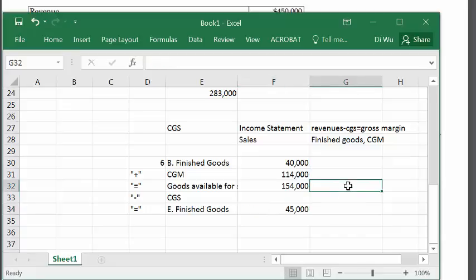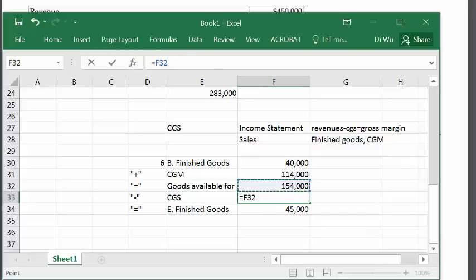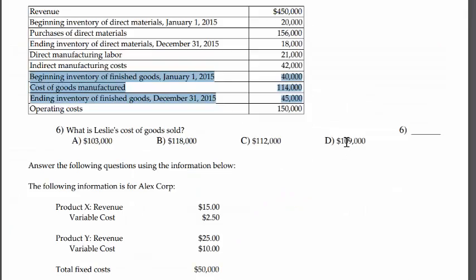Okay, so therefore, if you use CGS, you add that to any balance of finished goods, you should come up with this 154,000. So therefore, the CGS is nothing but the goods available for sale minus the ending inventory of finished goods. So the result is 109,000. Okay. So the answer therefore is D. It's a D.